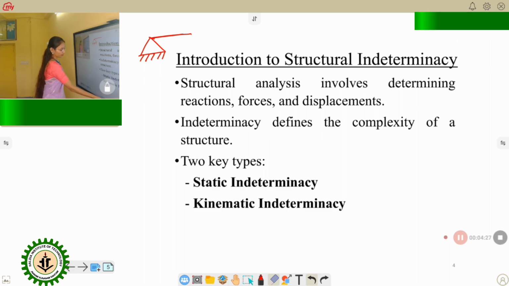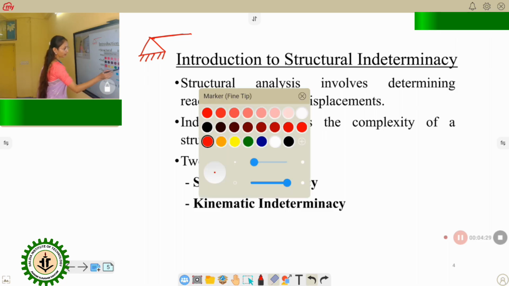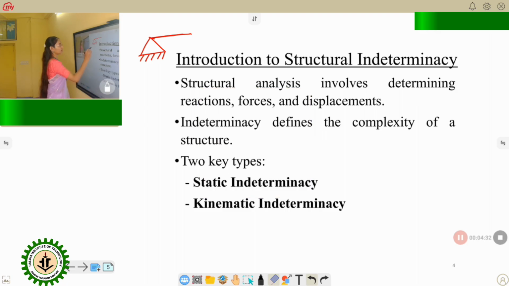We all know that a pin joint has reactions, that is a vertical reaction and a horizontal reaction. As this is a pin joint, there will be no moment here, only vertical and horizontal reaction forces. So the degree of freedom is 1 and the restraints are 2.